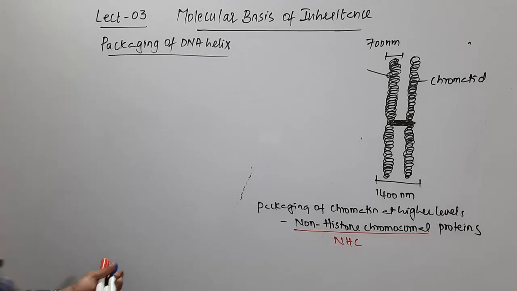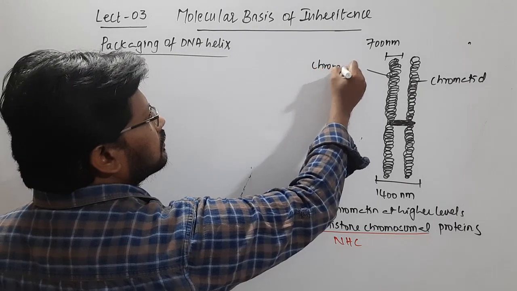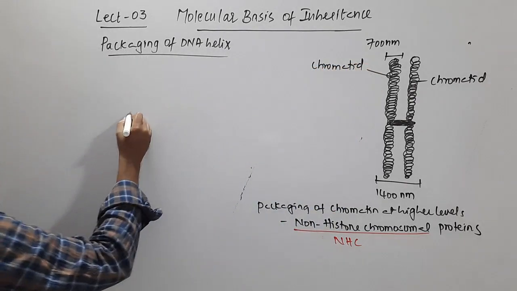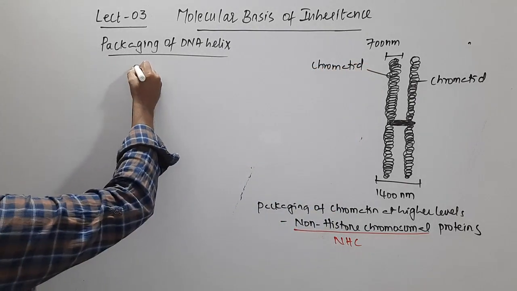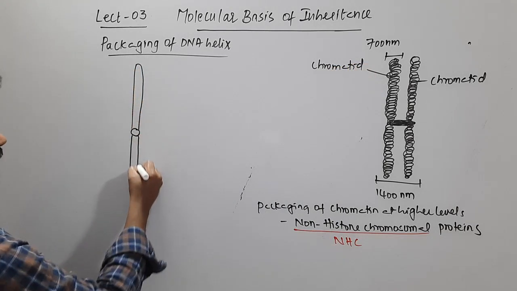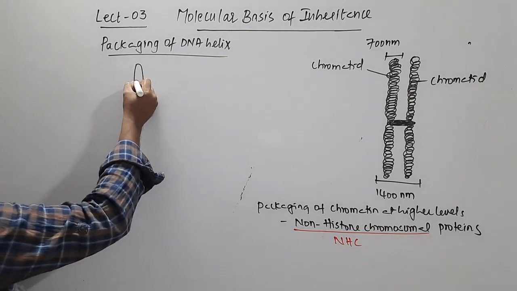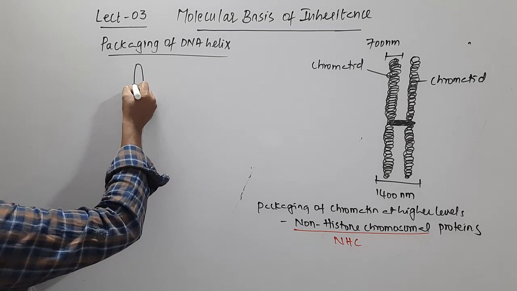Now if I stain the chromosome, I see that some regions of chromosome are lightly stained and some are darkly stained.